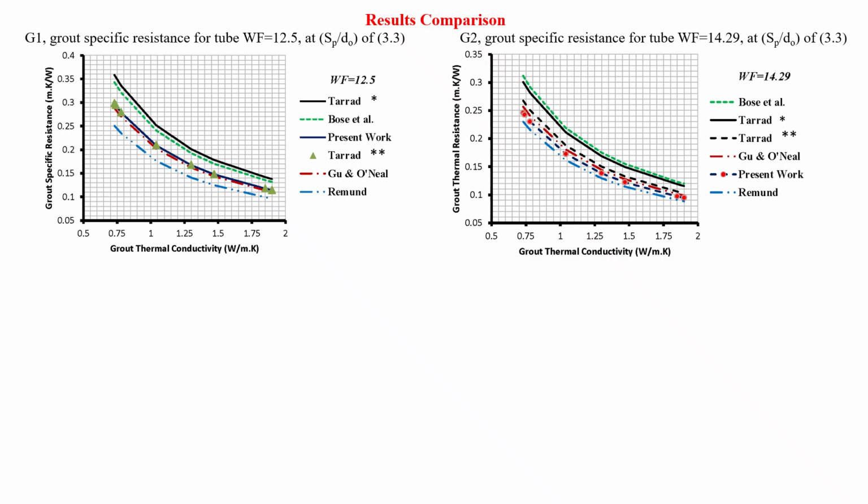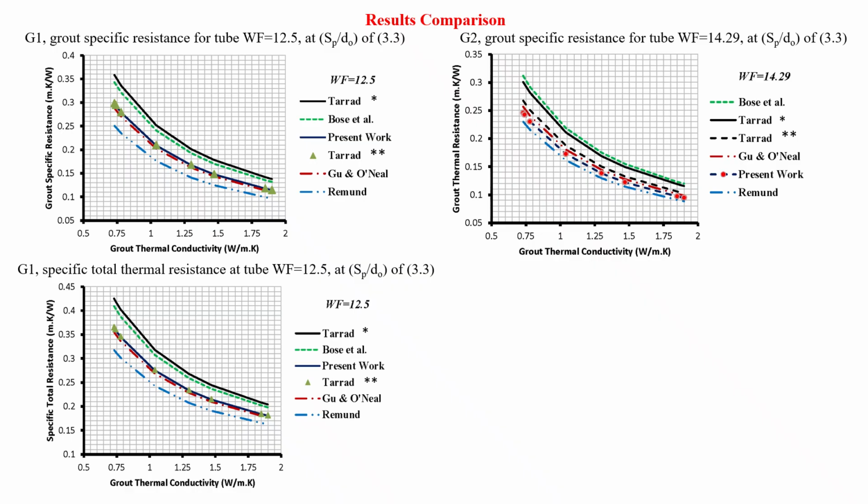It seems that the Raymond correlation usually has the lower value among the others for the thermal resistance, and all other correlations have predicted values in between, occupying the zone between the maximum and minimum values. The total resistance has been calculated for both geometries.